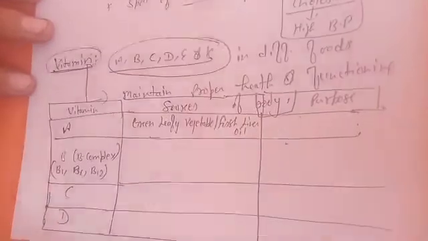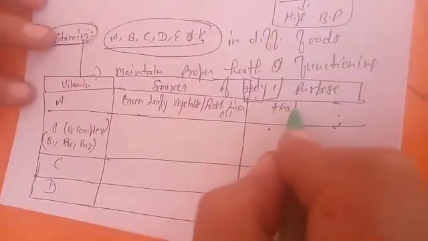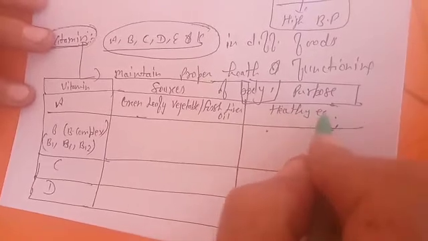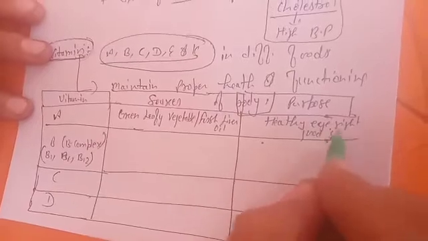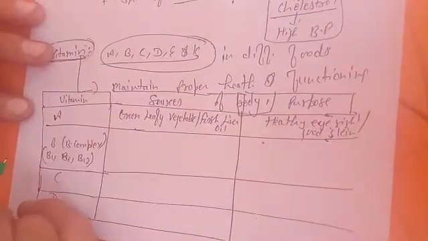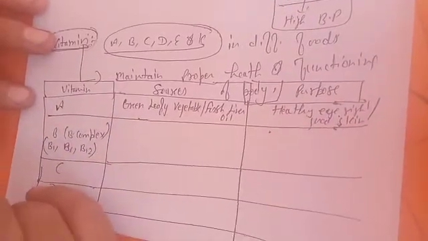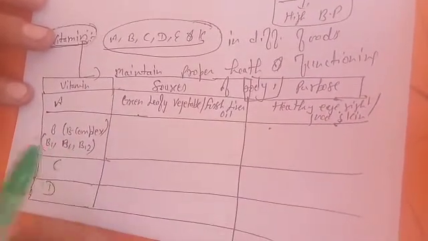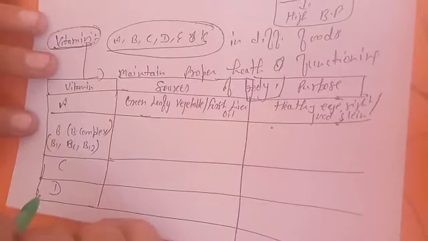That is a rich source of vitamin A. It maintains healthy eyesight and good skin. If we do not take vitamin A in proper amount, these problems will occur: our eyesight will get weak and skin will get rough.